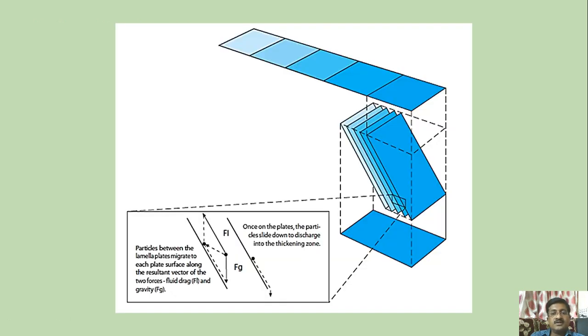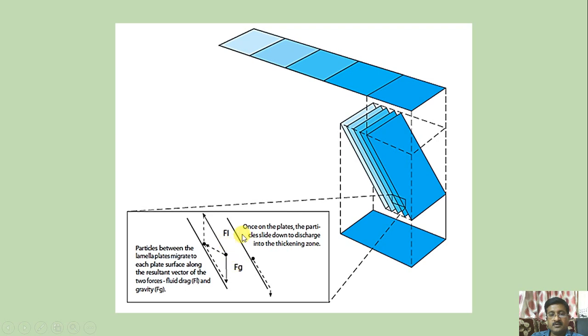Now you can see here these different inclined plates are placed at an angle. So two forces are acting on every particle, right? The particle between the lamella plates, these are called the lamella plates, migrates to each plate surface along the resultant vector of the two forces: one is F1, which is called the fluid drag, and another is FG, which is the gravity.